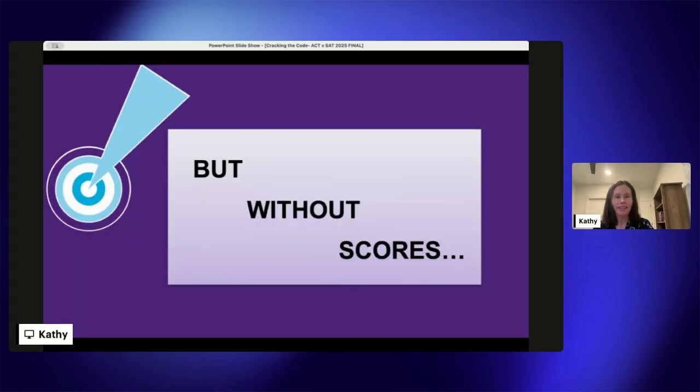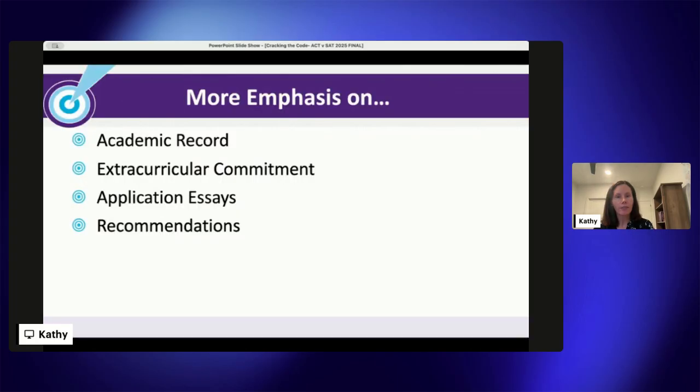So again, if you don't have test scores, and we certainly know that even in test optional, test scores will absolutely be used, just be aware that if you're applying without test scores, there is going to be a greater emphasis on those other parts of your application. So of course, the academic record, right? You want to have very strong grades. You want to make sure that rigor is there, AP, honors, IB, whatever, you've challenged yourself appropriately.